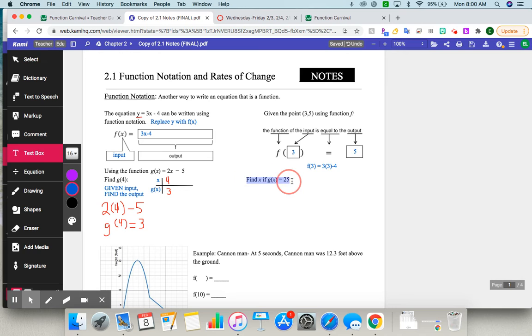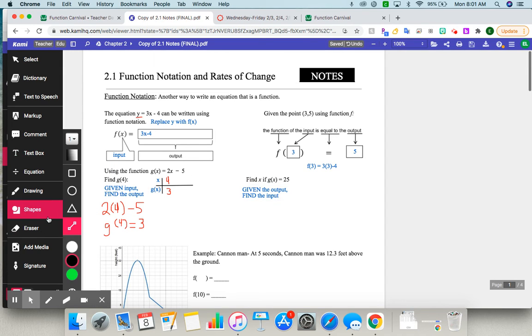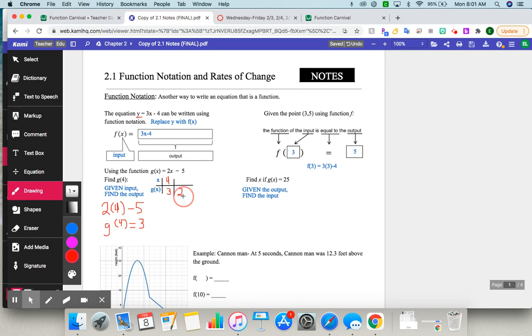Notice in this second example, it's asking us to find x, aka find the input given the output. So again, this time we are given the output, and we have to find the input. In terms of a table, it's going to look a little backwards. Instead of the input this time, we are given the output. So 25 would go here.